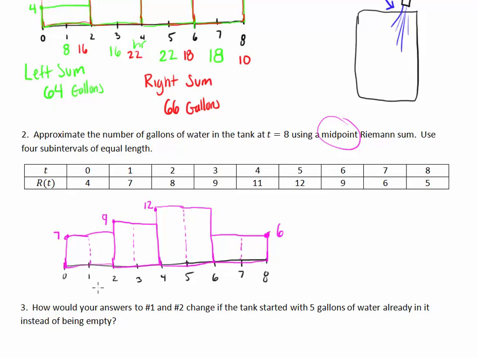So this first one, we've got 2 by 7 is 14, 2 by 9 is 18, 2 by 12 is 24, and 2 by 6 is 12, for a grand total of 68 gallons is our estimate with the midpoint sum. Okay, that is our estimate of the number of gallons of water in the tank at time equals 8 using a midpoint sum. It's pretty close to our left and right sums as well.